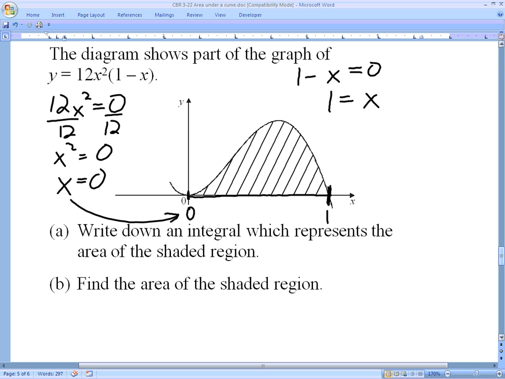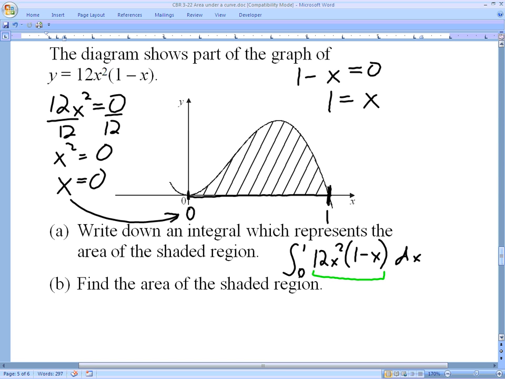Write down an integral which represents this. So my first integral is going to go from 0 to 1 of my function, which is 12x squared times 1 minus x, dx. Now, that's a fine answer, you could leave it like that, but I don't like the fact that I have all of this stuff here because it kind of looks like product rule, and I don't know a product rule for integrals yet.